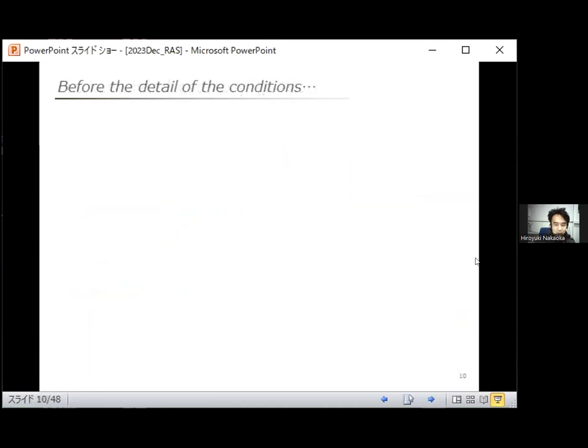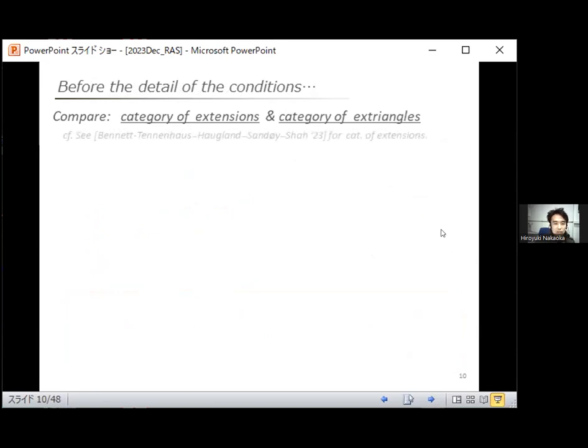Before the details of the conditions, let me introduce the category of extensions. The category of extensions is studied in detail, for example, in a recent paper by Bennett-Tennenhaus, Haugland, Sandøy, and Shah.